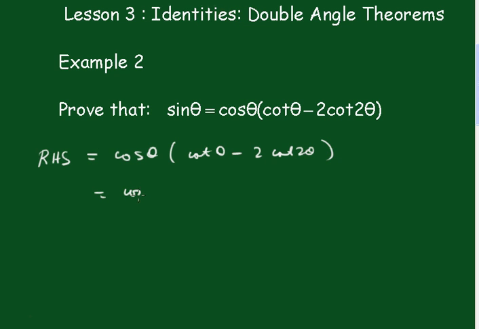We'll leave the cos theta as it is. Now this is cos theta over sine theta minus 2 times. Now cot is the reciprocal of the tan. Now remember that tan 2 theta is 2 tan theta over 1 minus tan squared theta. So we'll just turn that upside down. Write this 1 minus tan squared theta over 2 tan theta.